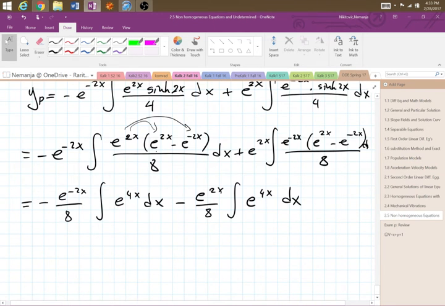So you see how easy this actually is when everything falls in place. So negative e to the negative 2x over 8. The integral of this is going to be e to the 4x divided by 4.